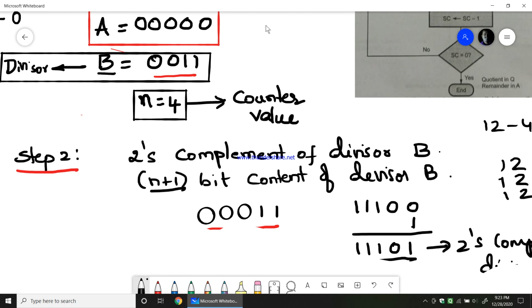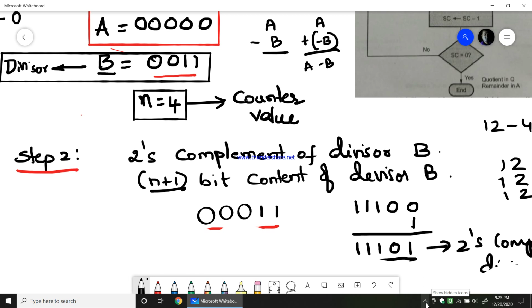That means if I am trying to subtract B from A in binary, I will take A and add it with the 2's complement of B. The 2's complement of B is nothing but negative B, so A plus the 2's complement of B is nothing but A minus B. Therefore, I am going to take the divisor and do the 2's complement of the divisor for the further process.